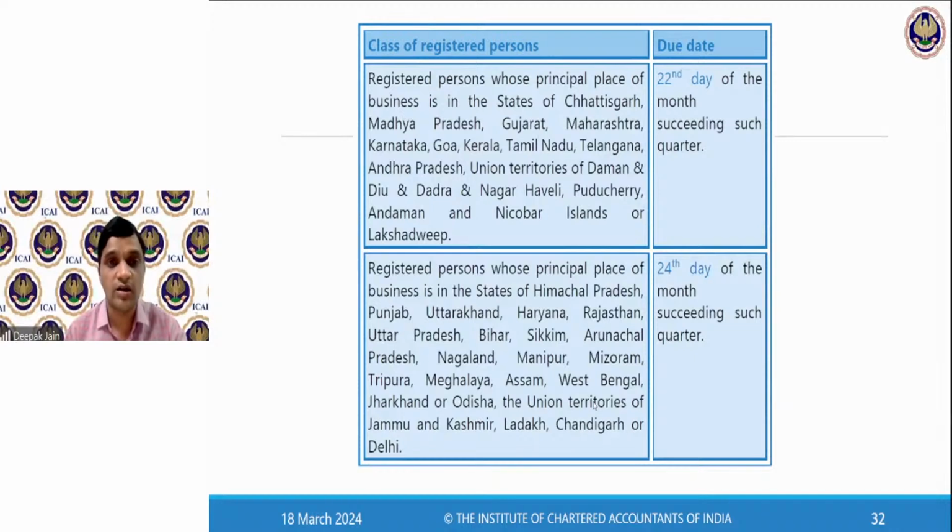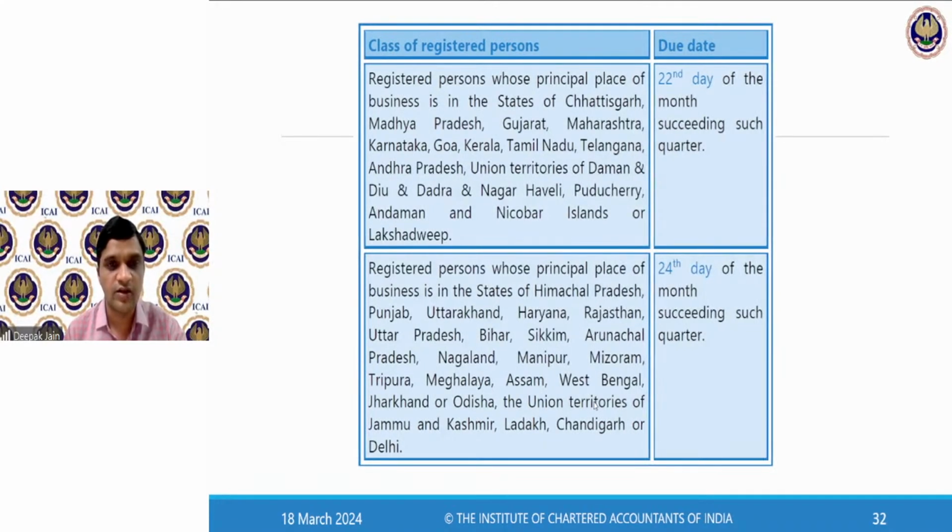So if you are in the state of Chhattisgarh, then your due date, if you're under QRMP, will be 22nd. If you are under the state of Madhya Pradesh, then also it will be 22nd. If you are under Gujarat, also 22nd. So all of these states, if you have taken your registration in this state, then it will be 22nd. If you are registered in the state of Himachal Pradesh, then your due date will be 24th.